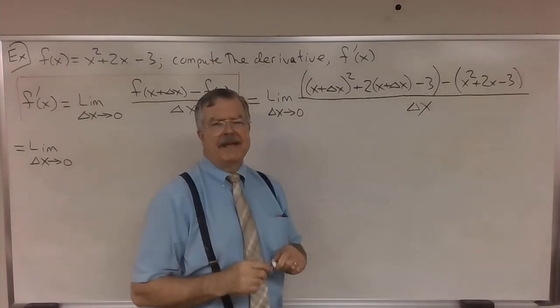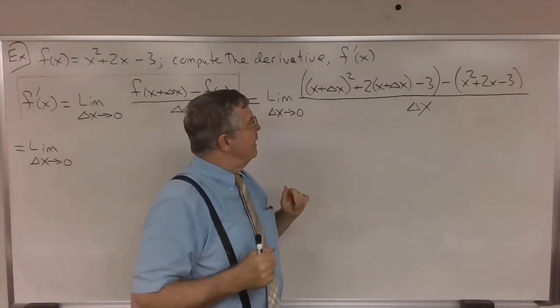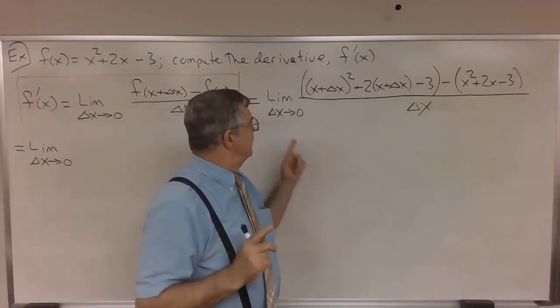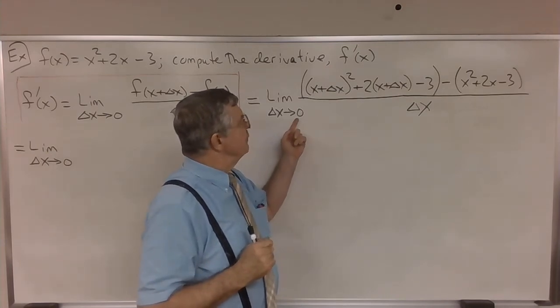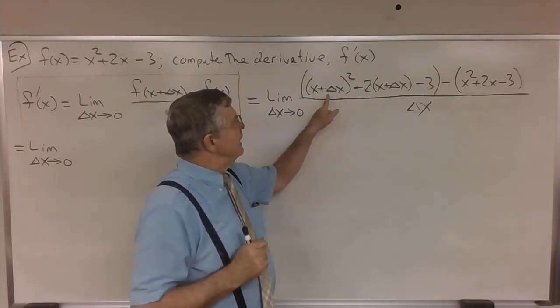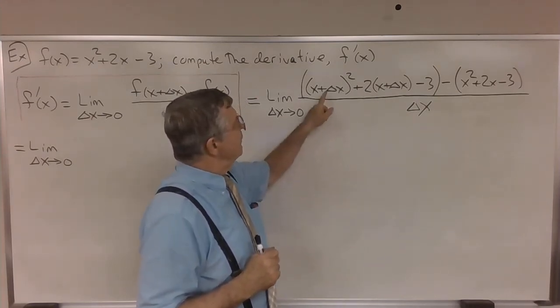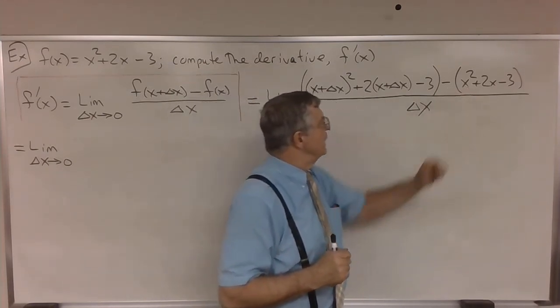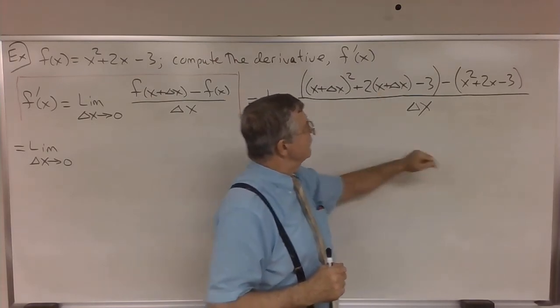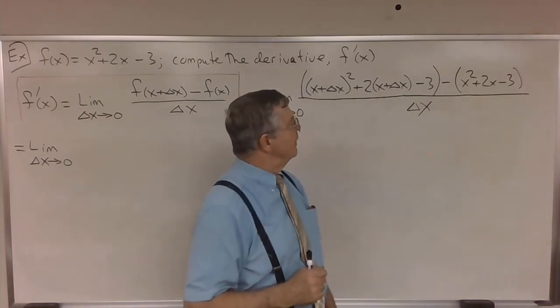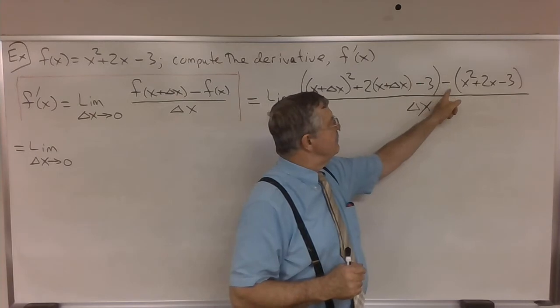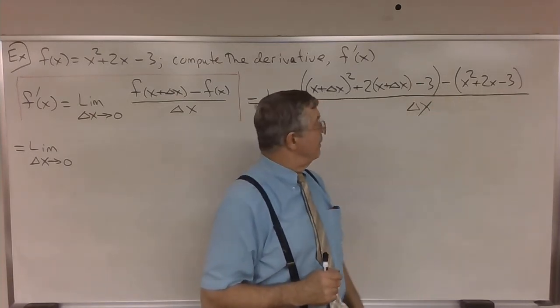I'm just looking ahead a little bit. If I plug in 0 for delta x to compute the limit, this is going to be x squared and this is going to be 2x. So I'm going to have x squared minus x squared is 0, 2x minus 2x is 0, negative 3 minus a negative 3 is 0.